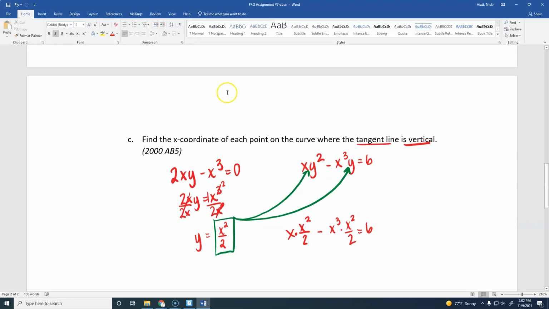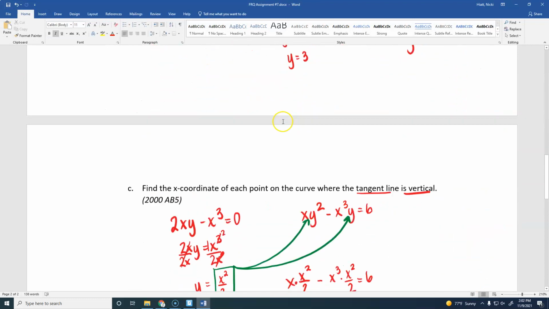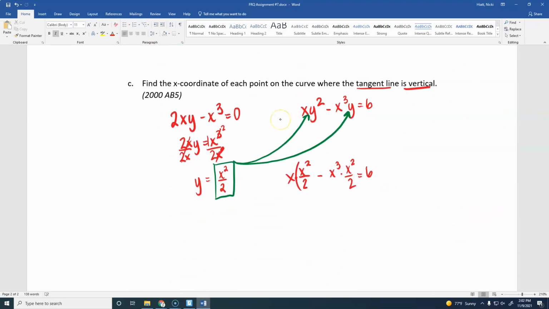Did I have it wrong? The y is squared. Oh, yes, this is squared. Yes, thank you. There we go. All right, so this is like x over 1. You need to do order of operations. So what should you do first? Exponent first. So x over 1 times x to the 4th over 4.